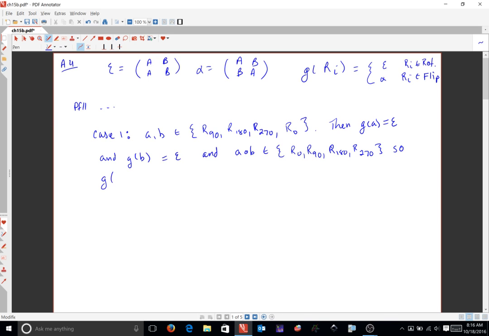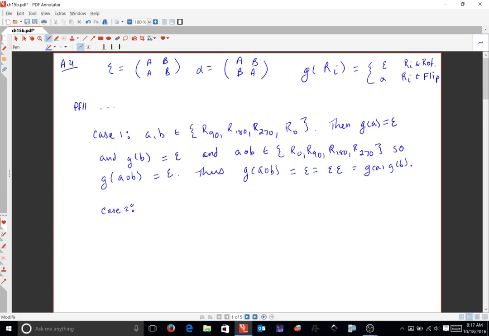So G of A composed of B is equal to epsilon, and then you can show that G of A composed of B is equal to epsilon, which is epsilon epsilon, which is G of A, G of B. So far, so good.